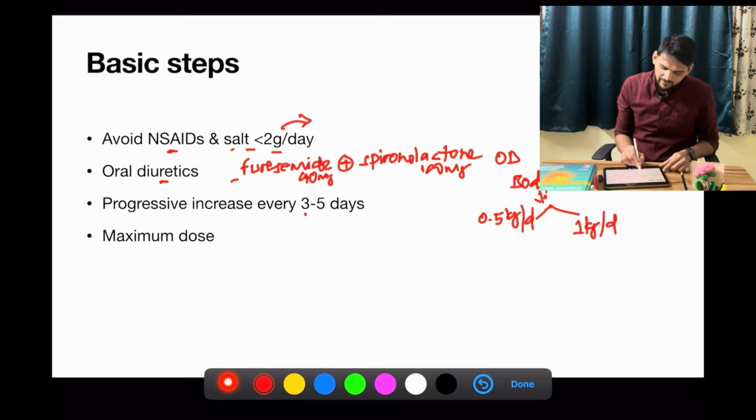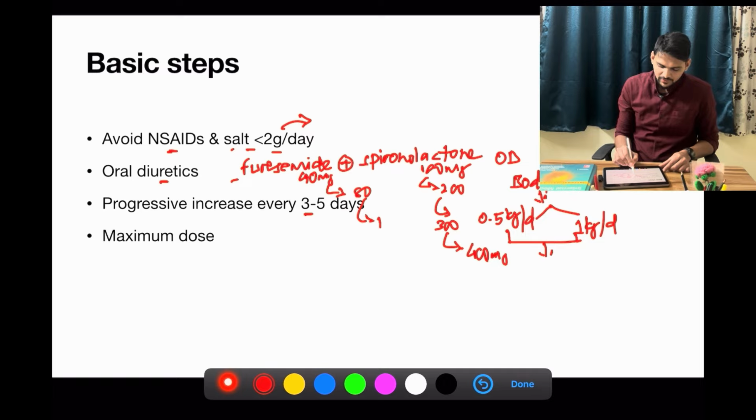So every 3 to 5 days we have to keep on assessing. If we are not reaching these targets, we have to increase the dosage of diuretics. So every 3 to 5 days we can increase spironolactone to 200, 300 to a maximum of 400 mg. Here also it will apply the same for furosemide: 80, 120 till 160 mg.